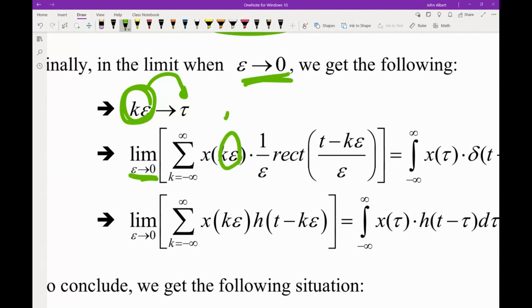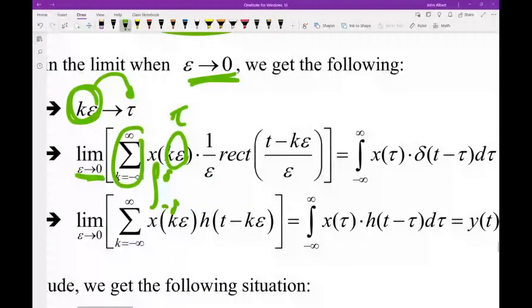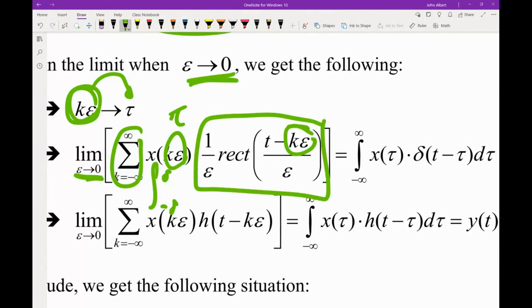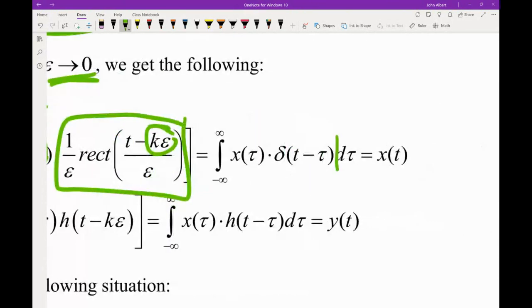So in here, k epsilon will become equal to tau. And the summation, by the way, will change to integration from minus infinity to infinity. Okay? So in here, I'll get x of tau. And in here, I'll get, okay, well, this becomes equal to tau, but the whole thing here becomes nothing but the impulse function.